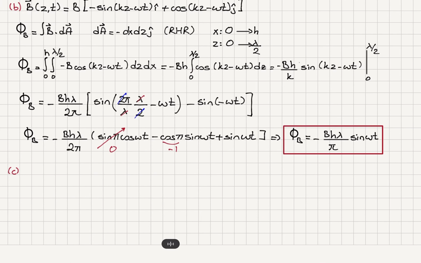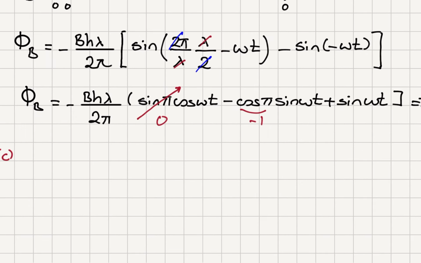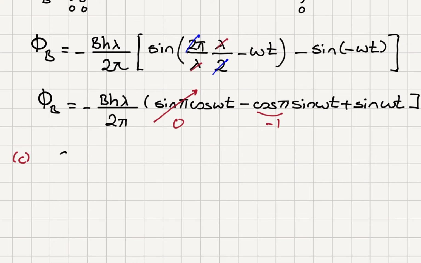Now using Faraday's law, I can calculate the induced EMF. Epsilon is equal to minus d phi B dt.